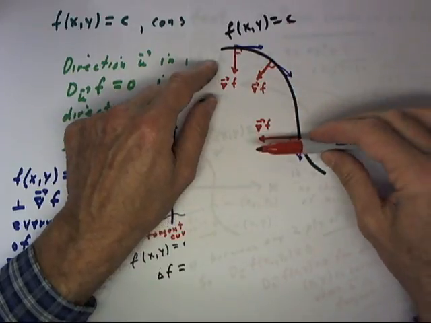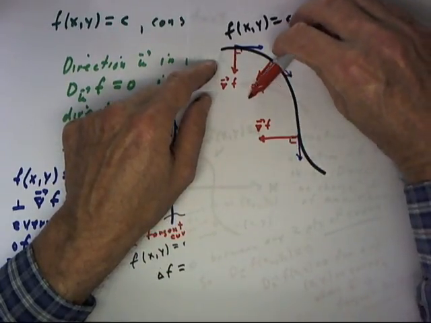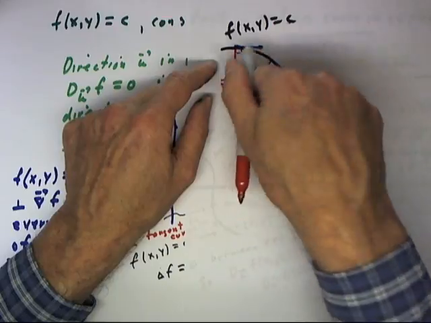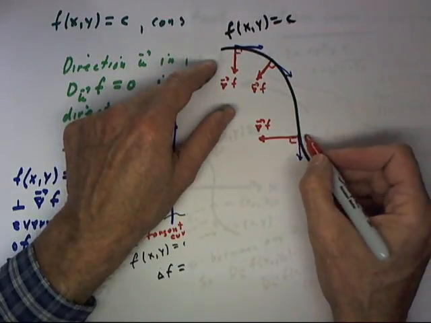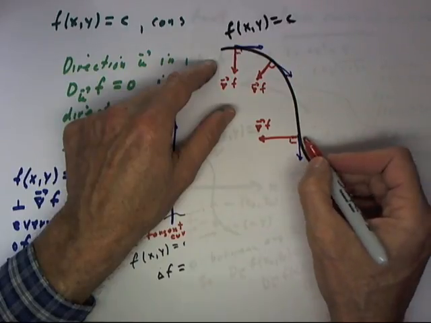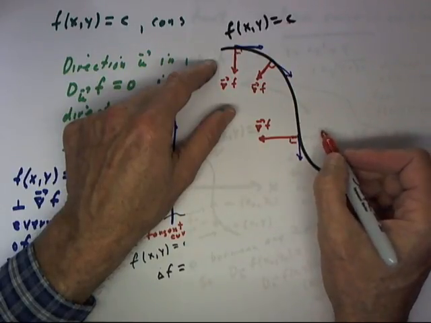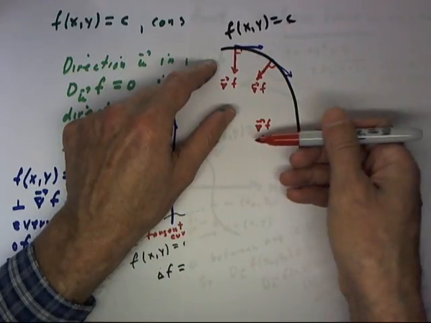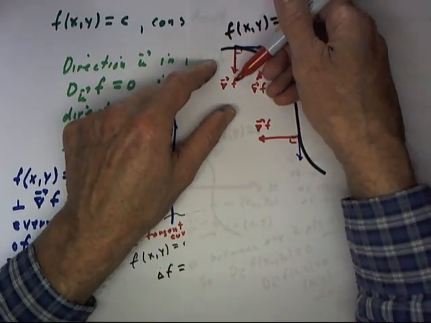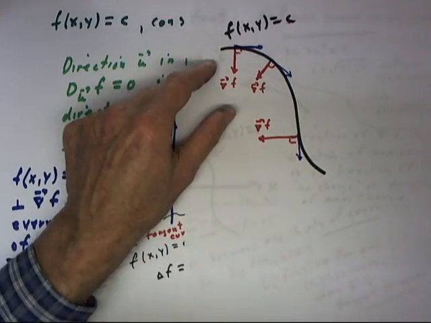So the function will change fastest in this direction, this direction, this direction. The magnitude of the function will change fastest. And the magnitude will also change fastest in the direction of the negative gradient. But the direction of the gradient will be the direction of maximum rate of increase.